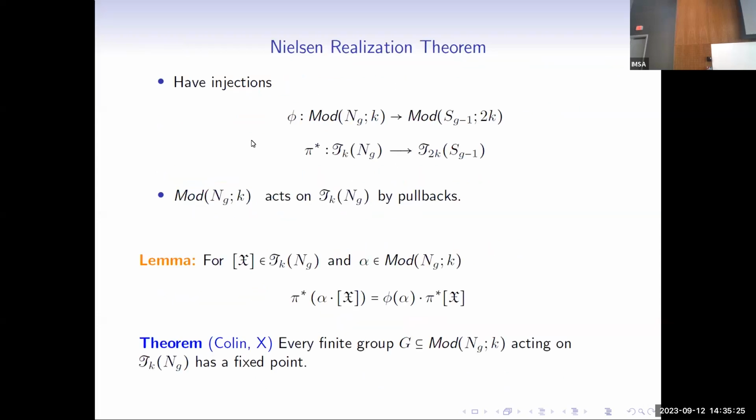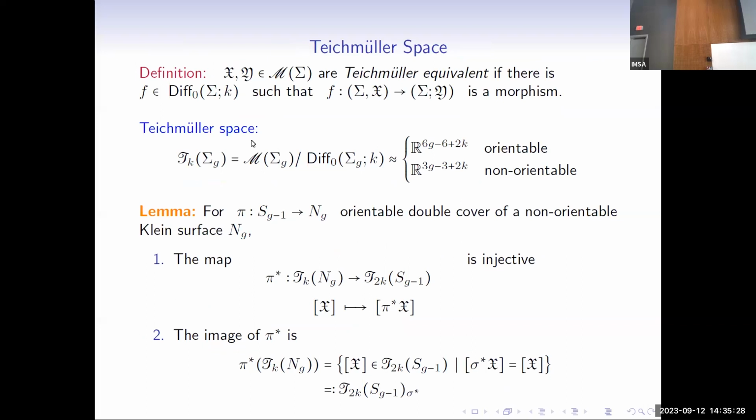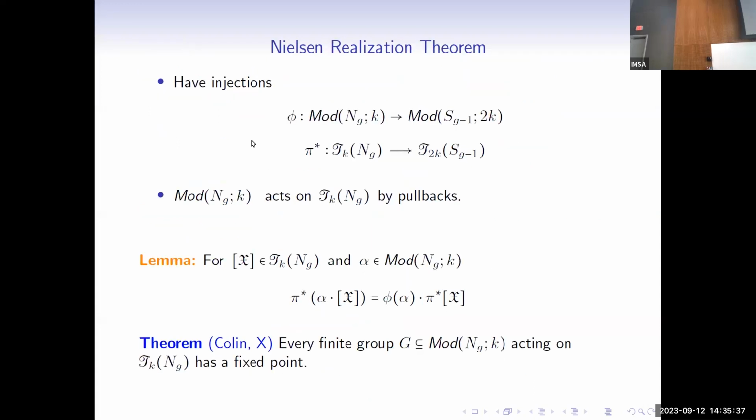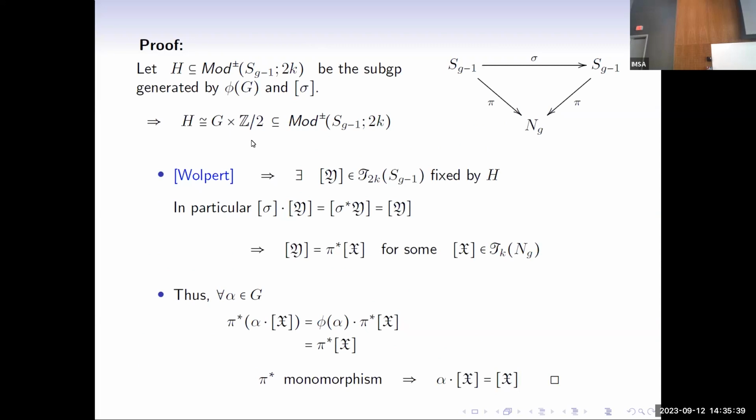So, thanks to the way we described the image of phi-star, we know there's a fixed point in the Teichmüller space of the orientable double cover for this group H, right? And being a fixed point, it has to be in the image of phi-star, and the analytic structure hitting that is the one that is going to be fixed.